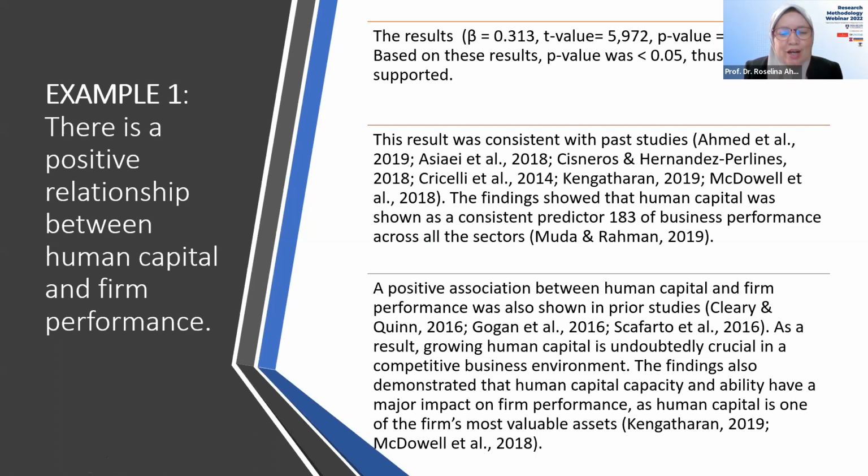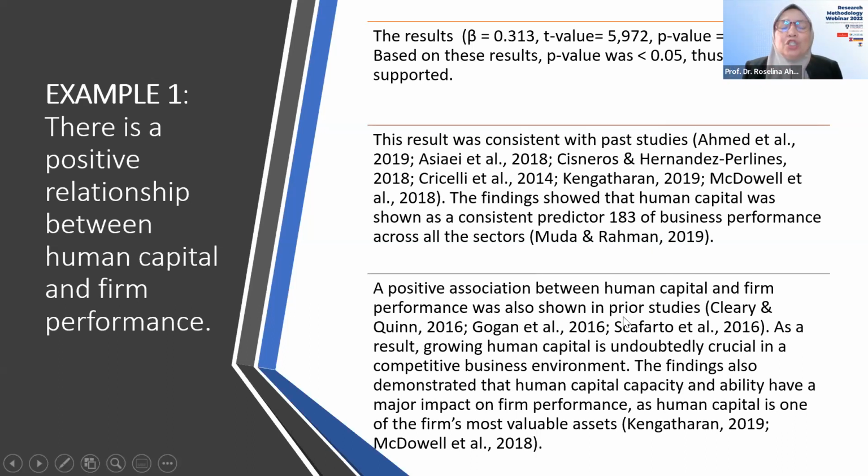What they have written in chapter 2, they kind of ignore when it comes to chapter 4 and chapter 5. Okay. And the findings showed that human capital was a consistent predictor of business performance across the 183 businesses, because the sample is 183. So that's consistent with whatever she wants to cite.